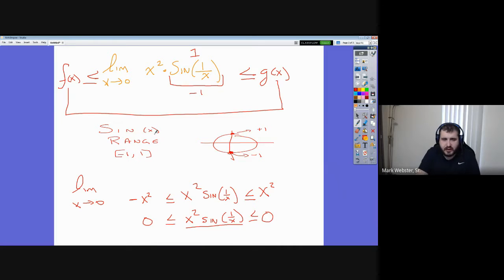So using the sandwich theorem or the squeeze theorem or whatever you prefer to call it, you know that the limit as x goes to 0 of this monstrosity here, x squared sine of 1 over x, is equal to 0.